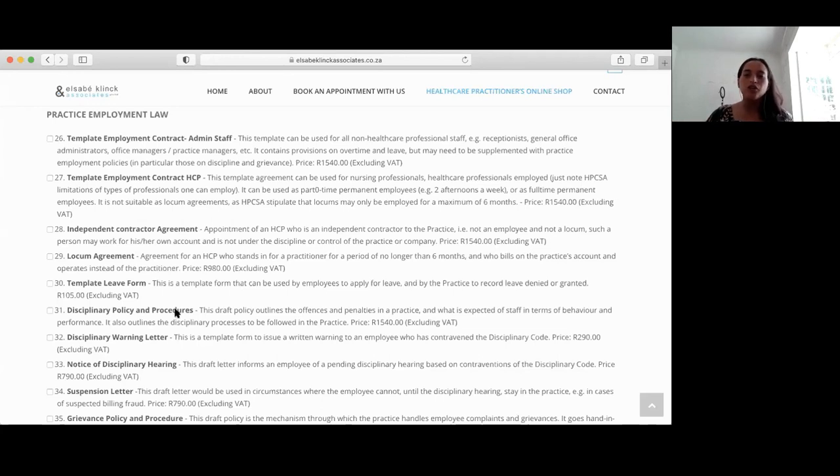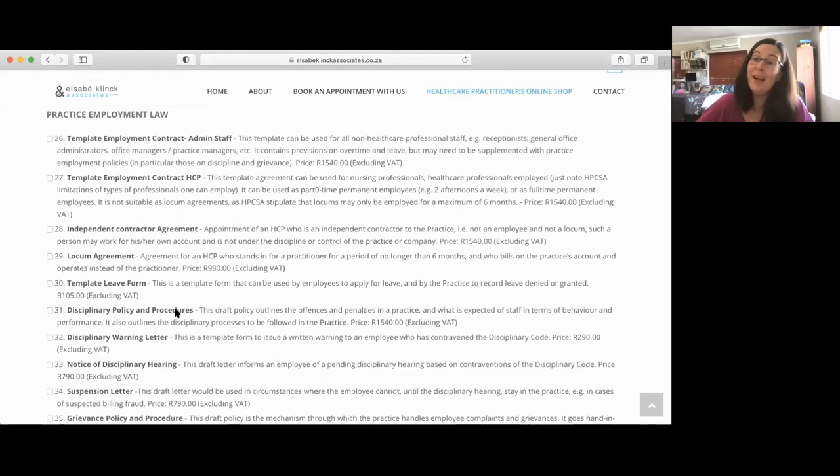You could have been spending that hour treating a patient, earning that money, rather than spending 4 hours creating a form, making sure it's correct, and still not being sure. So yes, you're spending the money, but you have to think, what is the return on investment in terms of your time and the opportunity cost, and making sure that down the line you've covered your bases from a legal point of view. Because down the line it's going to be very expensive.